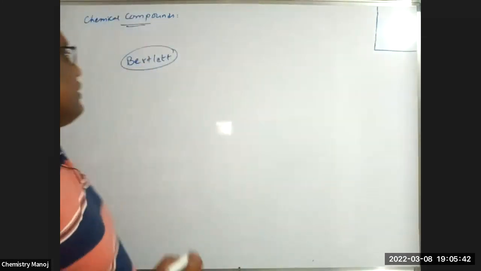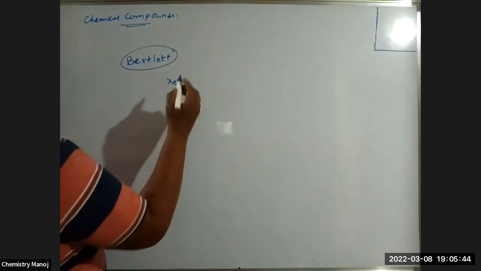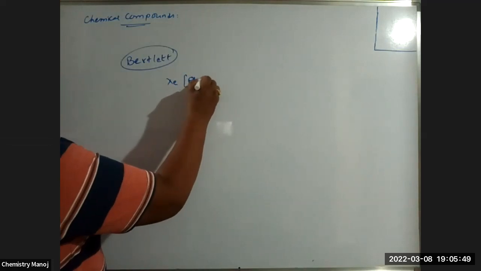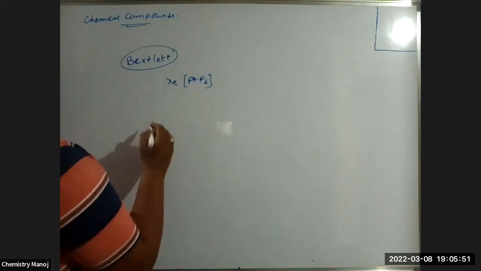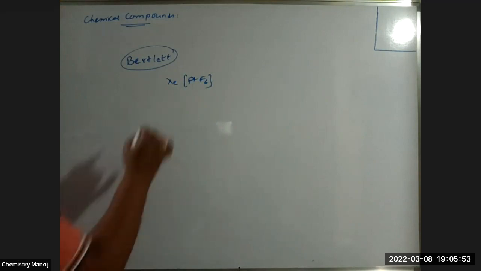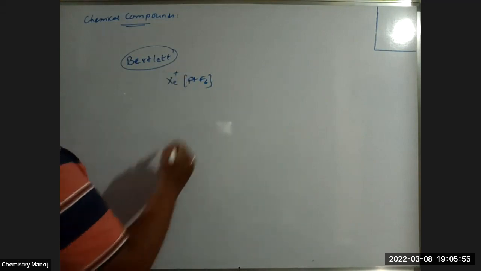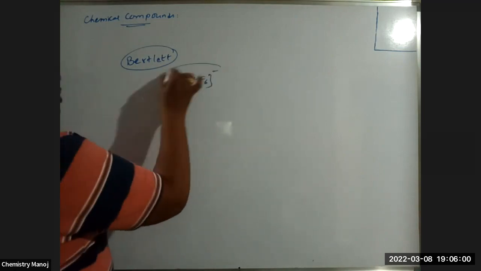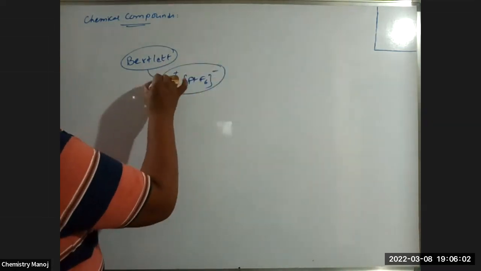What is that? Xenon hexafluoroplatinate. Here xenon has a +1 charge and PtF6 has a -1 charge. So this is the first noble gas compound reported by Bartlett.